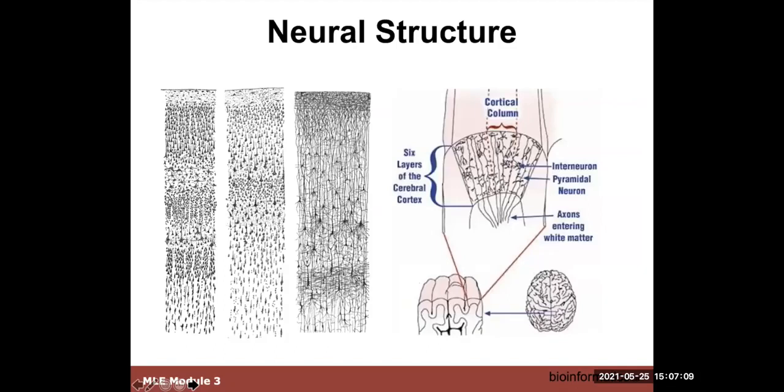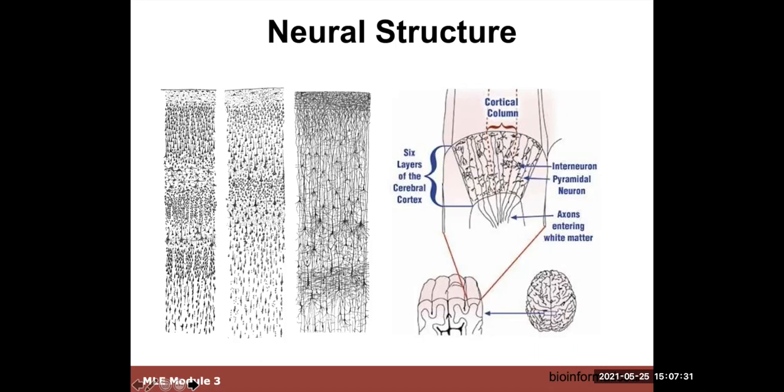Now, these are hand-drawn diagrams from anatomists, but if you had good histology slides, you'd see the same thing. But this is showing the neural cortex in a human brain. And you can see with the wiring diagrams, the connections between neurons.